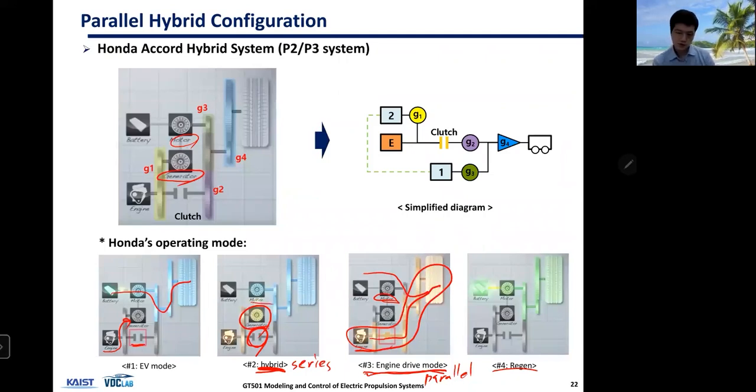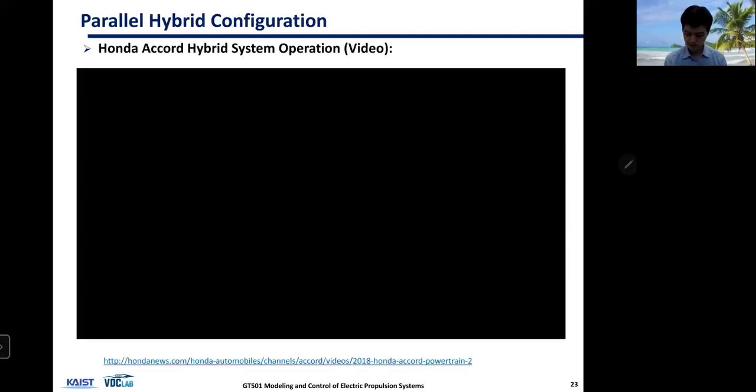So this is more suitable for plug-in hybrid rather than just regular conventional hybrid, okay? Because you need a large motor and generator. Similar problem with series hybrid, because this is series hybrid with parallel mode, okay? But you do not need transmission, okay?